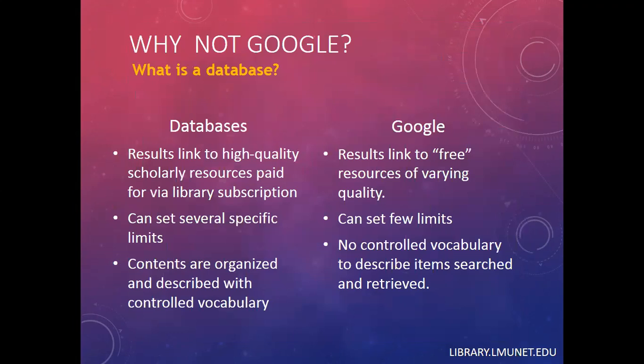And there's no specific vocabulary that you use to find exactly what you're looking for. Databases, on the other hand, the results are linked to high quality and scholarly resources that are paid for through a library subscription. You can set very specific limits, and the contents are well organized and described with this controlled vocabulary.